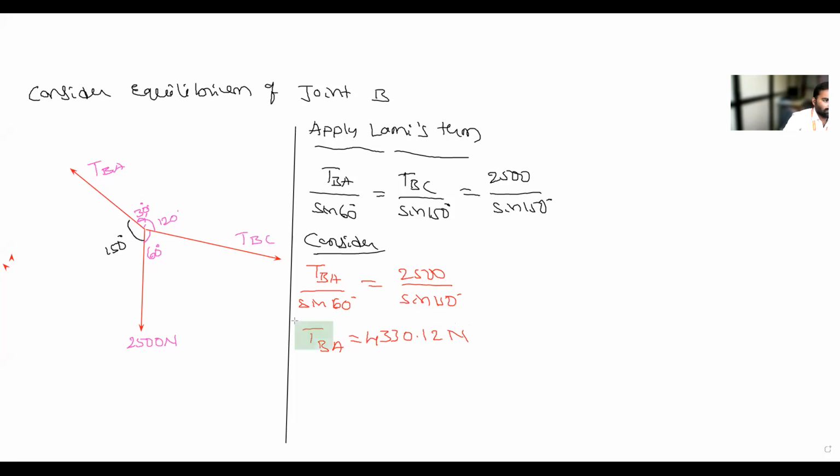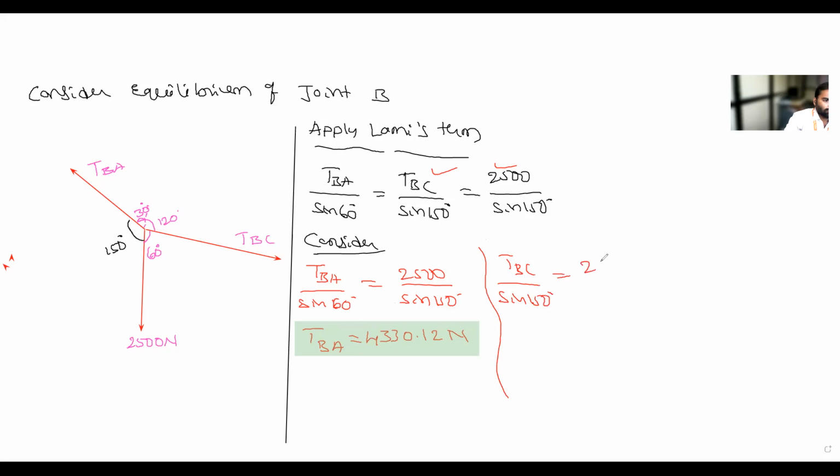So consider the other term. The other term is the second and third term. Here only you can write. Consider tension in member BC divided by sine of 150 degree is equal to 2500 divided by sine of 150 degree.